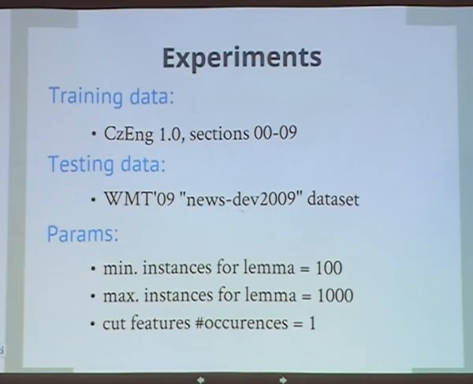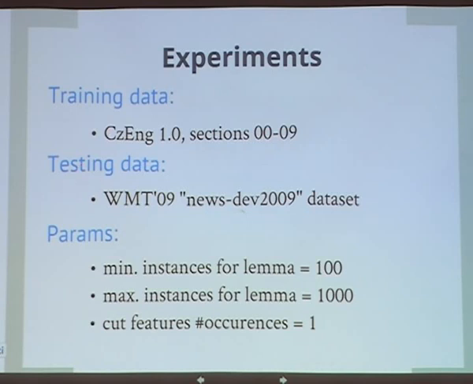So, experiments. As I already said, training data was built from Czech, and to have short experimental loops, I trained just on 1/10 of Czech. It's still a lot of documents or a lot of sentences.